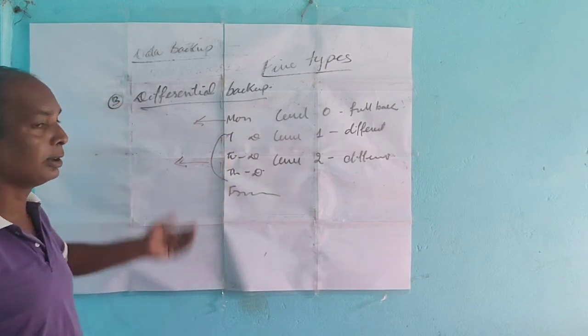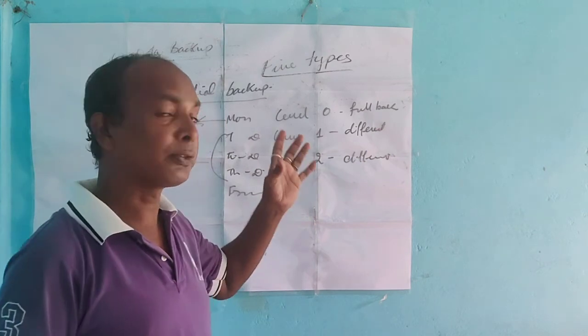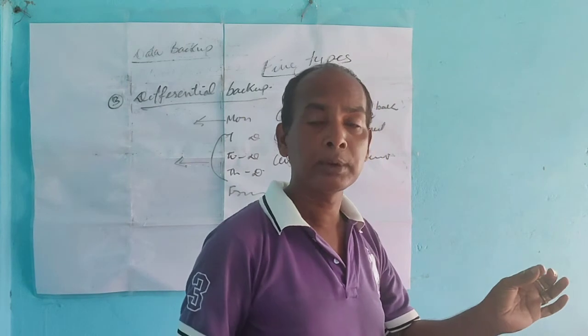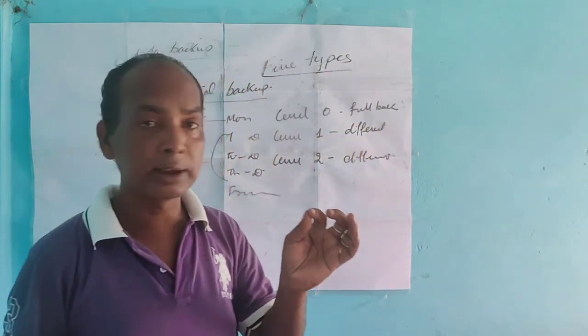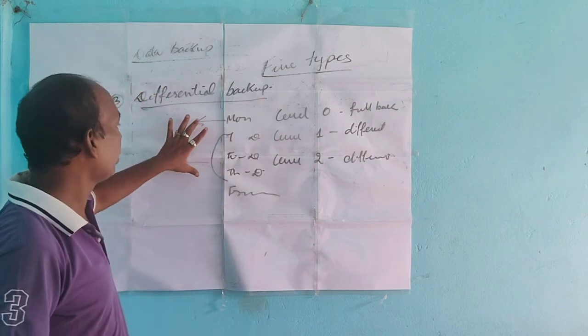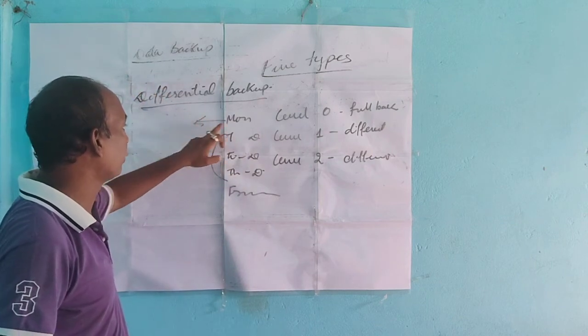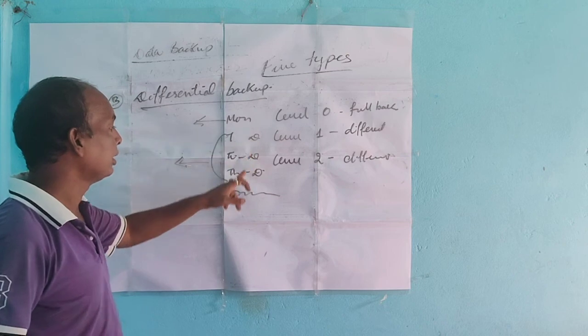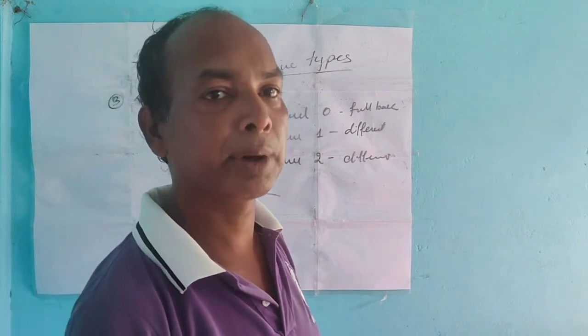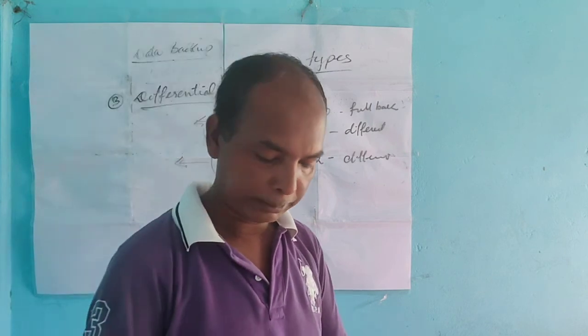But in the case of incremental backup, we need four backup files: one full backup and the incremental backups of levels 1, 2 and 3. Here you need only two backup files, one for the full backup and one for the differential backup. This is the difference between incremental backup and differential backup.